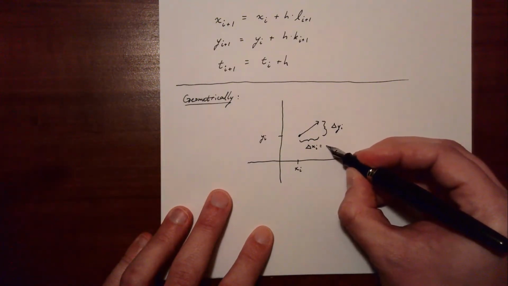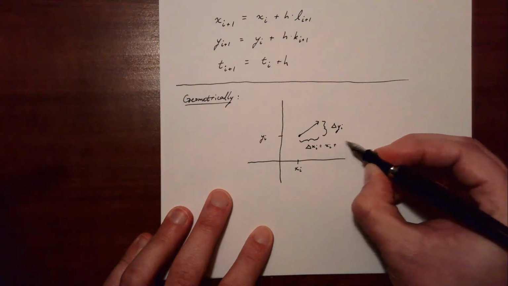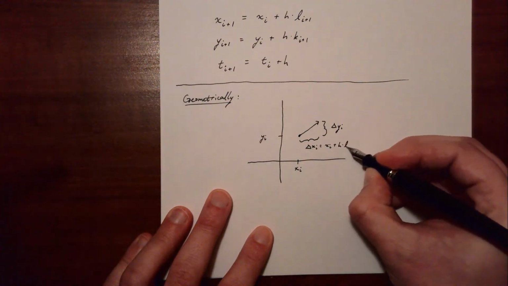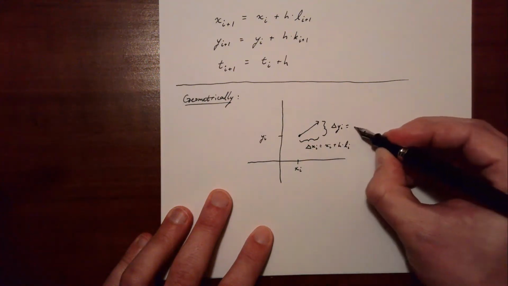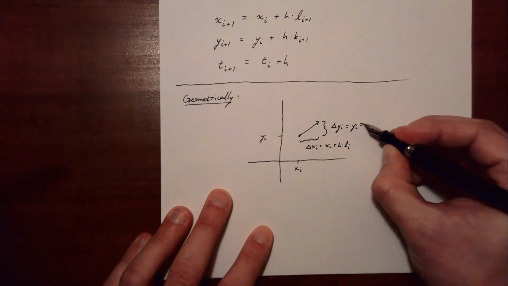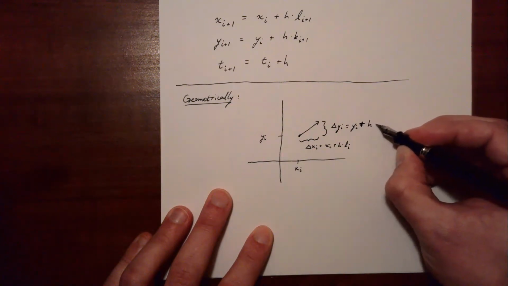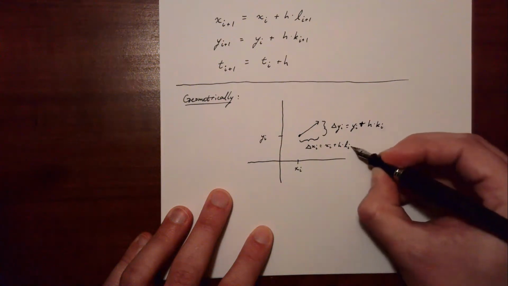So it's just previous x_i plus h times l_i, and this is previous y_i plus h times k_i. I should say k_{i+1}.